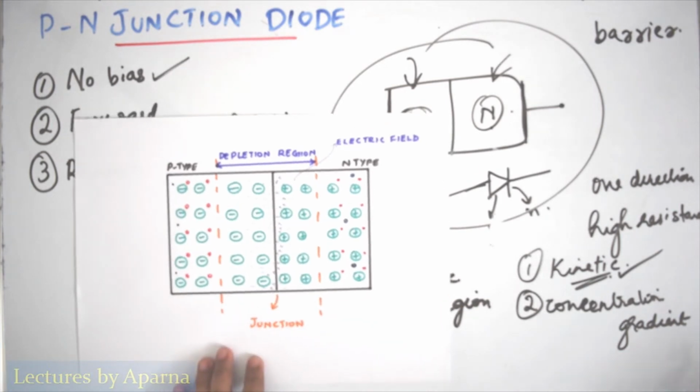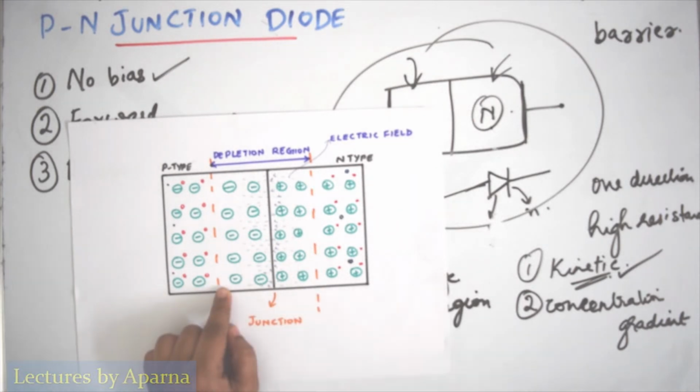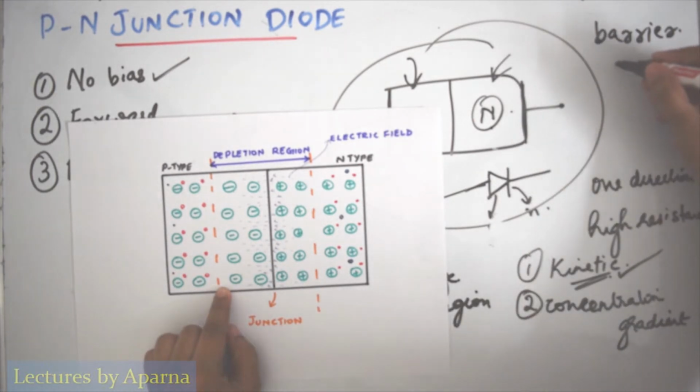Now, the physical distance of the depletion region from one side to the other side, that is this width, is called the barrier width.